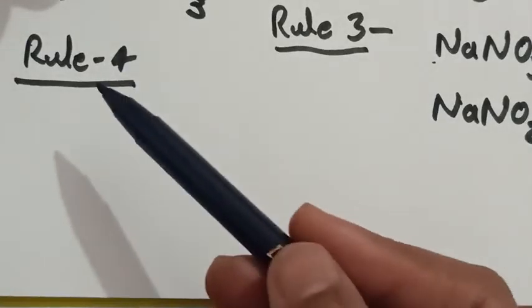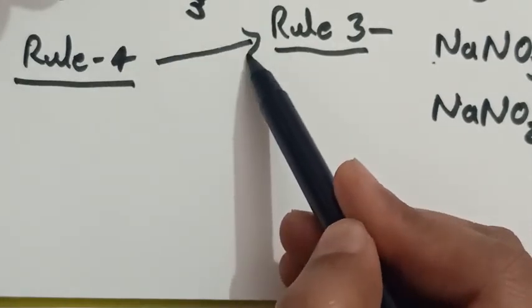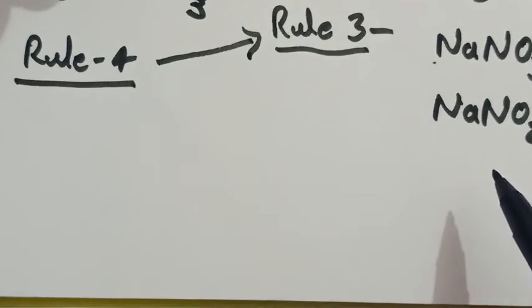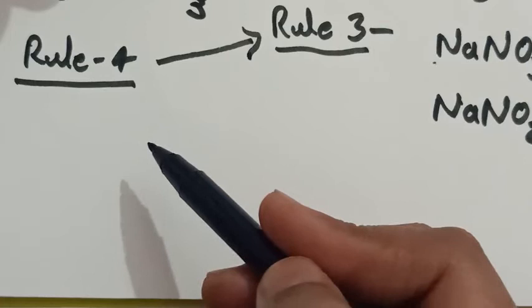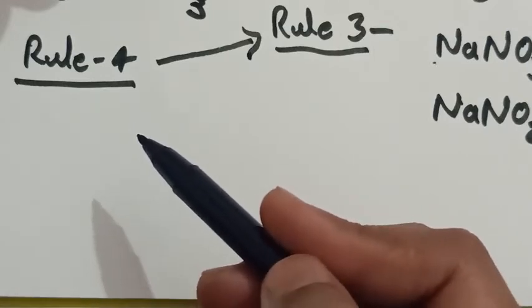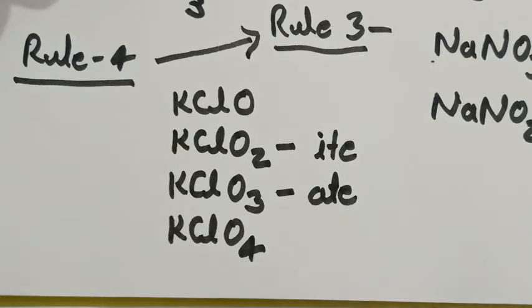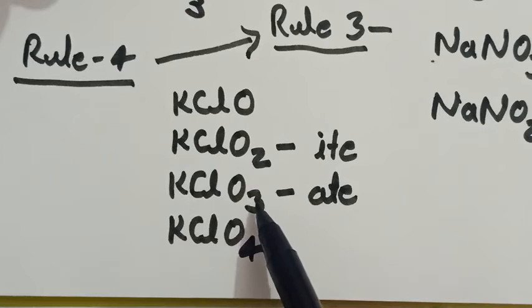Alright students, the next rule is rule number 4, which is directly related to rule number 3. As we know, according to rule number 3, ate and ite forms are there, whereas in rule number 4, if in a compound oxygen is less than the oxygen present in the compound ending with ite. For example, according to rule number 3, this is the ite form and this one is the ate form, because it has lesser oxygen and this one has higher oxygen.